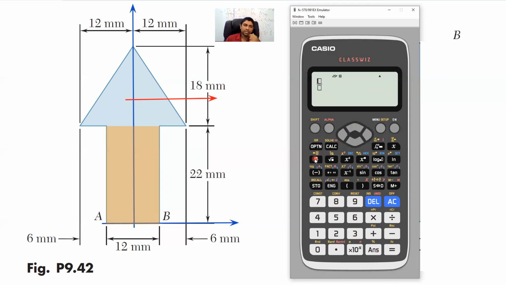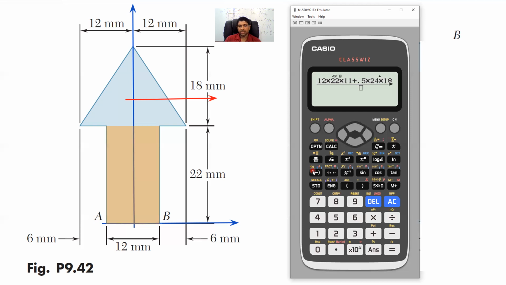And we have to find y bar of the whole thing. That is 12 into 22, the area of the rectangle, into the centroidal distance 11, plus 0.5 into 24 into 18, the area of the triangle, into the centroidal distance 22 plus 6, which is 28.